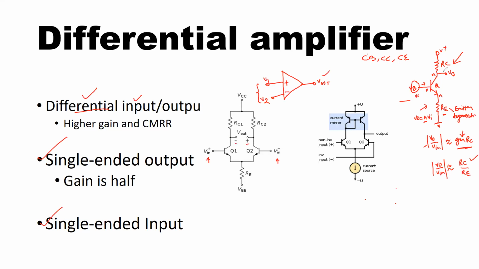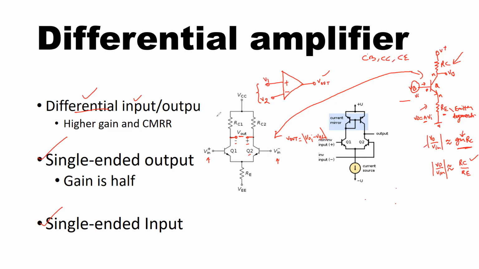So you now see how I am converting this circuit from single-ended inputs and a single-ended output to the circuit with two inputs and two outputs. So Vin plus and Vin minus are two inputs, and Vout can be written as VO1 minus VO2, where VO1 is the output at the collector of this transistor and VO2 is the output at the collector of transistor Q2.